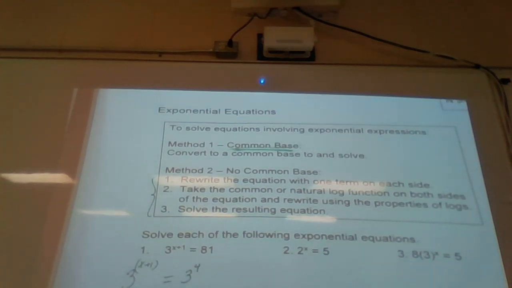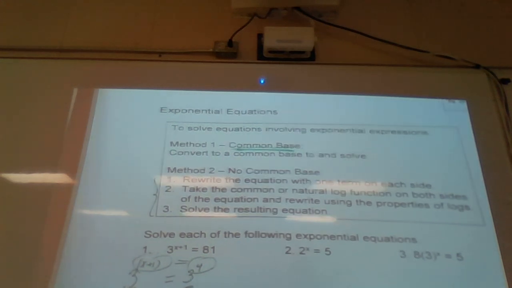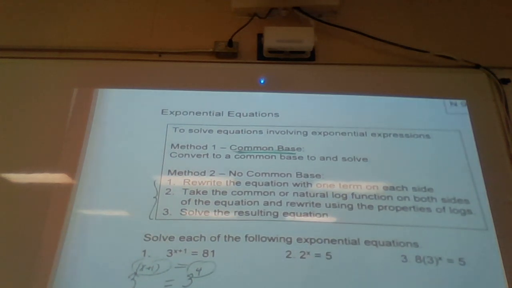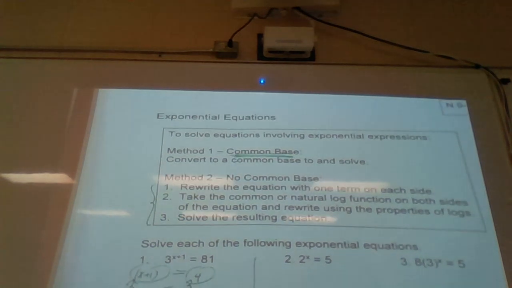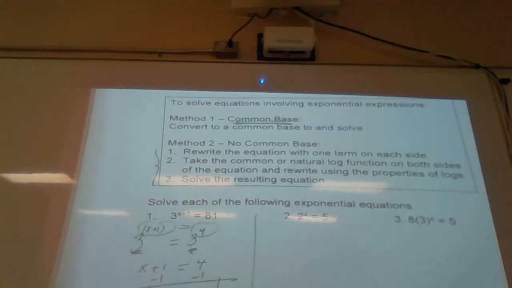So we fix the same base on both sides of the equal sign. The rule says you take those powers and you set them equal to each other. We'll finish the algebra, and x is equal to 4 minus 1, which is 3. So if you can fix the base on both sides, it's easier to work with.